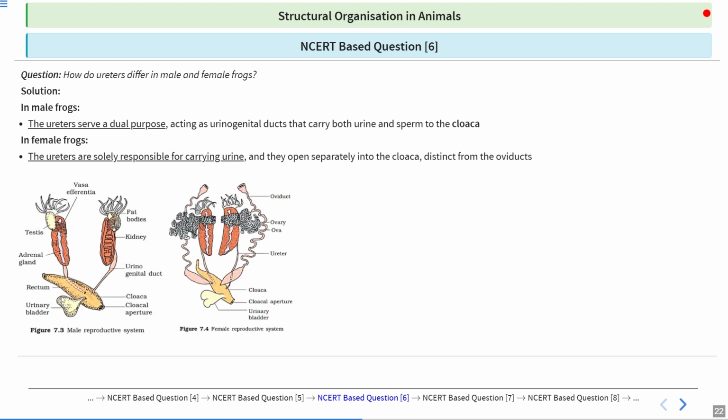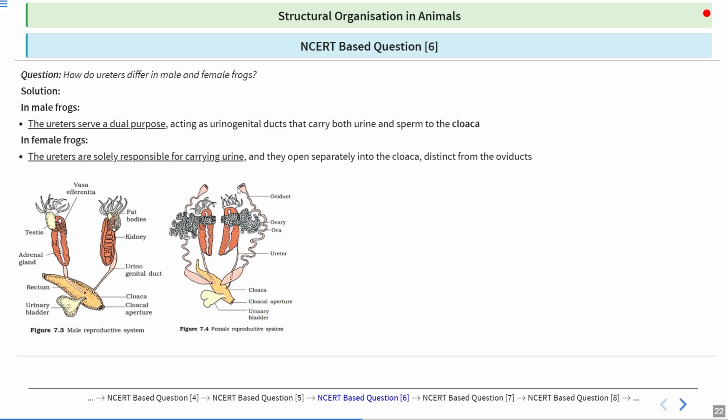And from time to time, it gets stored in the urinary bladder. So we see the common duct, the urinogenital duct. Now see the case of the female frog. This is the position of the ovary. And from the ovary, all the eggs are released in the body cavity only.